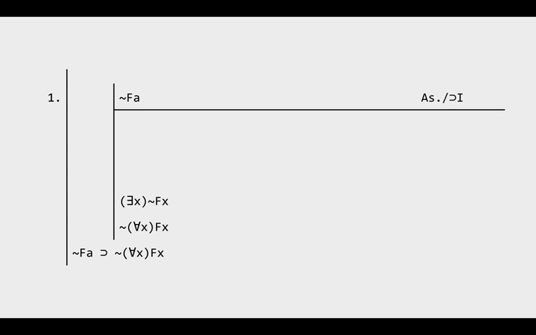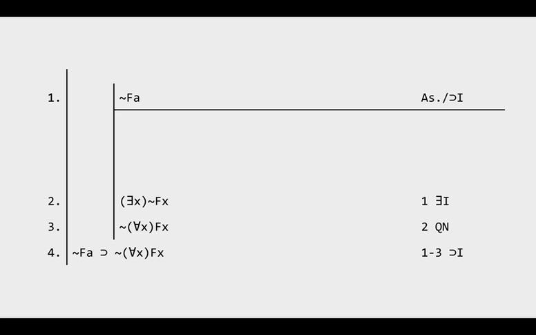Maybe you should pause right now and see if you can finish this proof on your own. It's actually fairly simple. If you already have tilde Fa, if you already know that Alice is not flying, then you know someone is not flying. So you can go from line 1 down to line 2, existential quantifier tilde Fx, as a simple existential introduction.